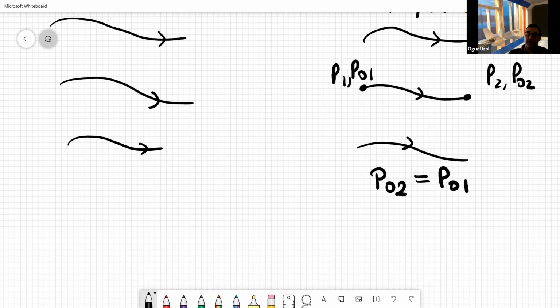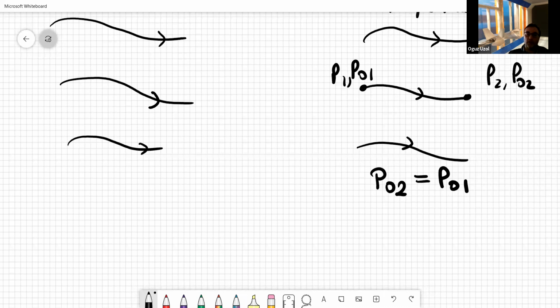Okay, static pressure P2 will not be equal to P1, or may not be equal to P1, but stagnation pressure will always remain constant along a streamline if it's an isentropic process.